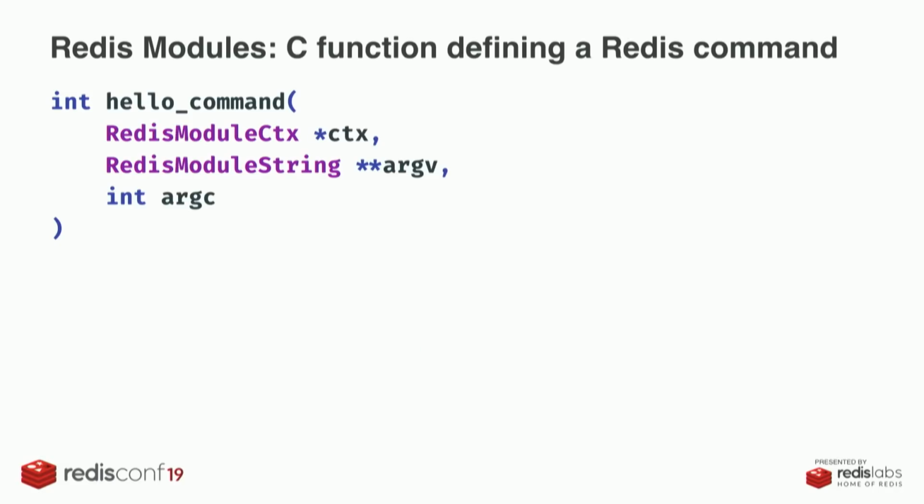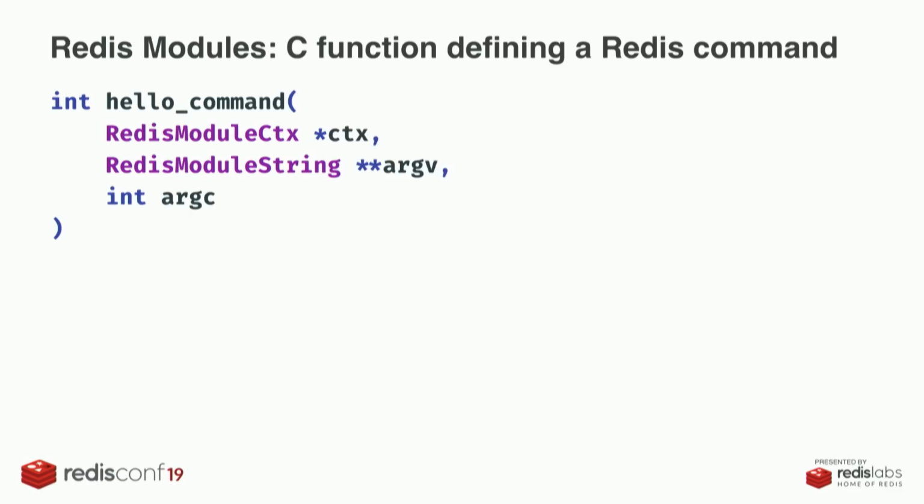So let's look at Redis modules. If you want to write a new Redis command in C, you need to create a function that looks a bit like the following. This is the prototype from the Redis modules header file. I have to write a C function that returns an integer, which is an error code if something goes bad, or OK if everything goes OK.